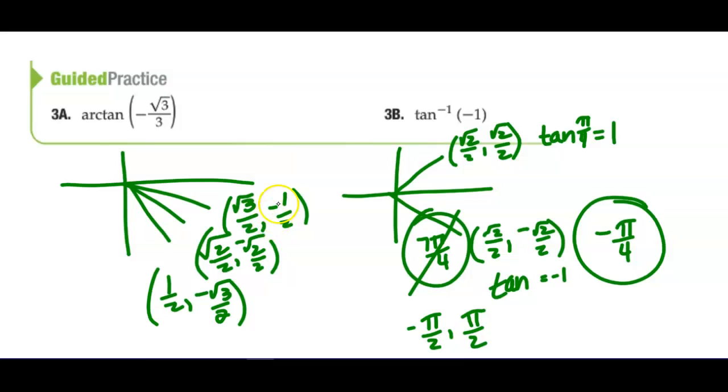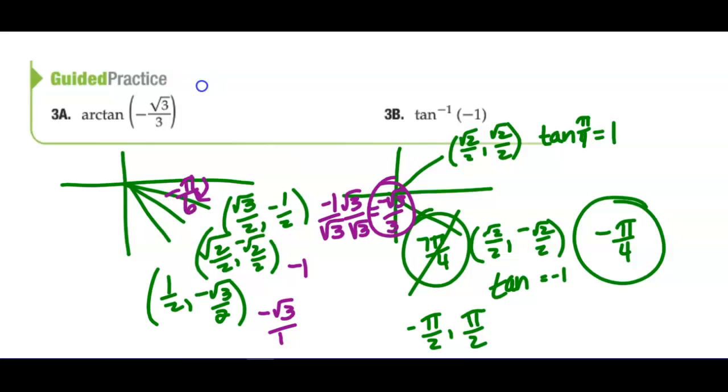The issue is if I do the tangent here and put the y over the x, or the y over the x here, or the y over the x here, this is just going to be negative square root of 3. This one was negative square root of 2 over square root of 2, which is just -1. This is the one that rationalizes and becomes negative square root of 3 over 3. So it's this spot that I need to find, and that is a 30-degree angle or a negative pi over 6.